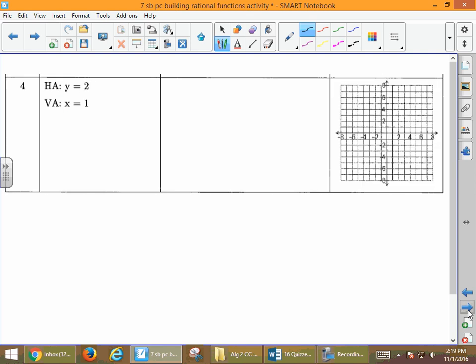So if we look at the fourth one here, we're still going to start with the vertical asymptote. To figure out what's going to go in the denominator, we subtract 1 from both sides, so we have x minus 1. But this time we have y equals 2.